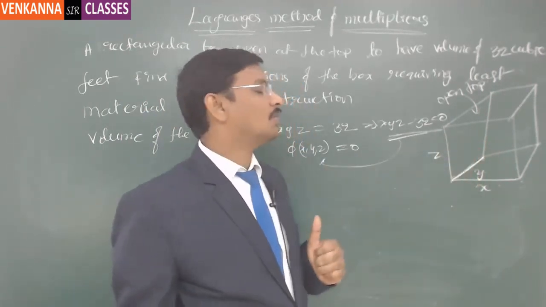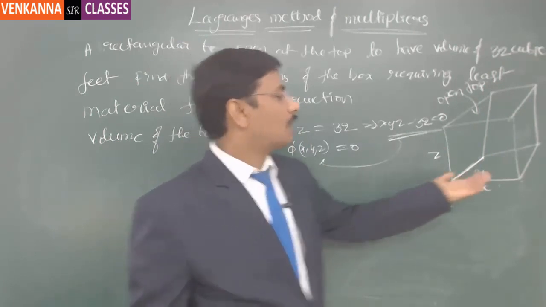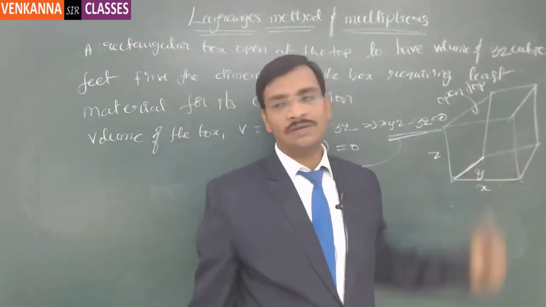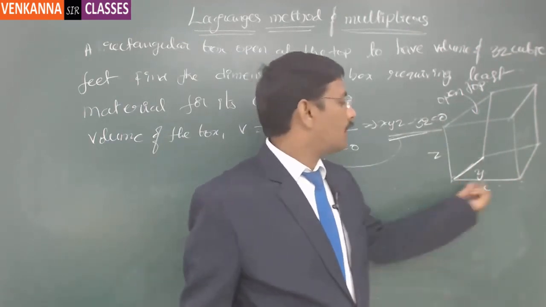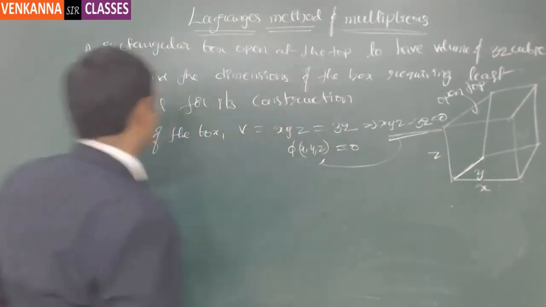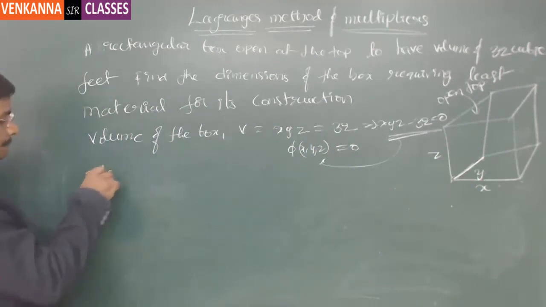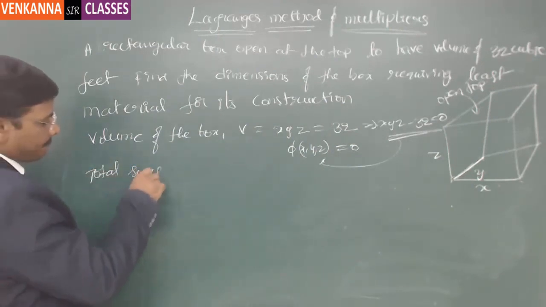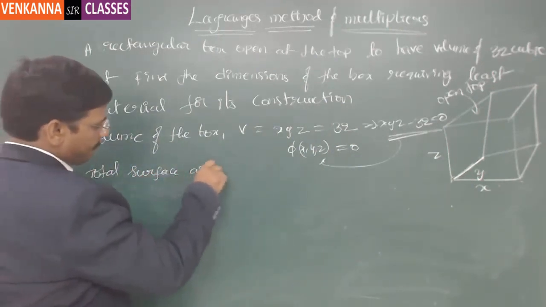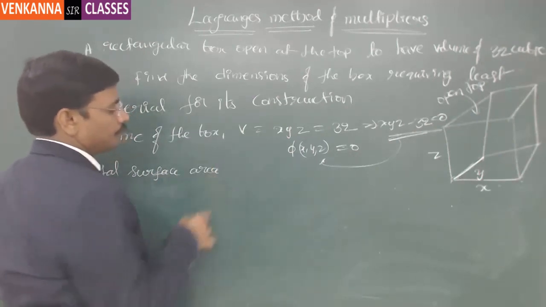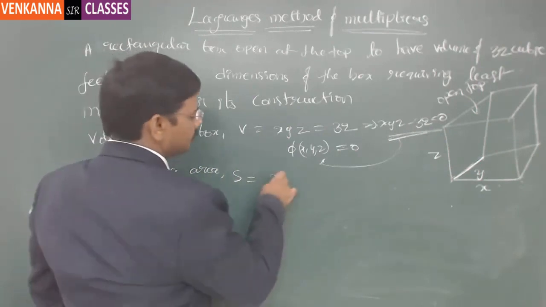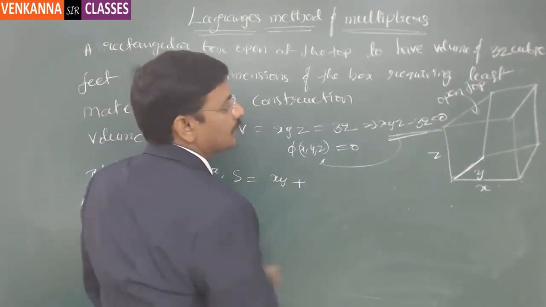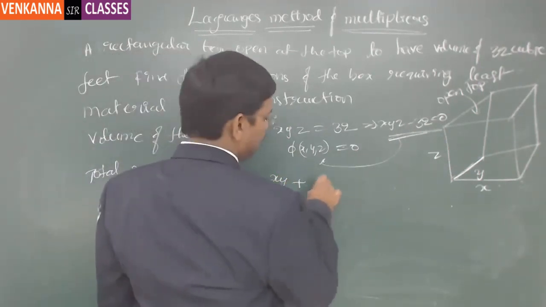Now this box being open top, the bottom face and all the four side faces are there. Top face is not there. Got it? So bottom face is the area. So total surface area S is equal to, so bottom is XY plus the side is XZ.